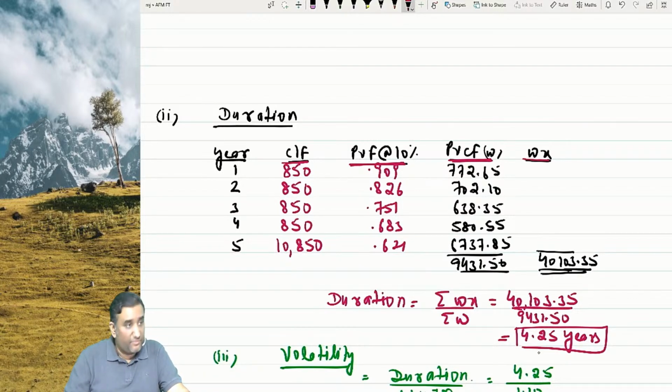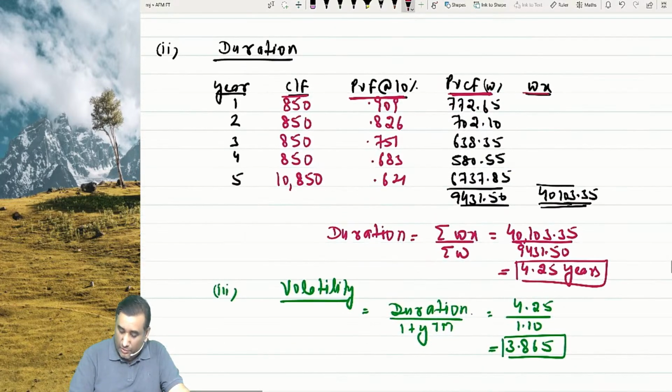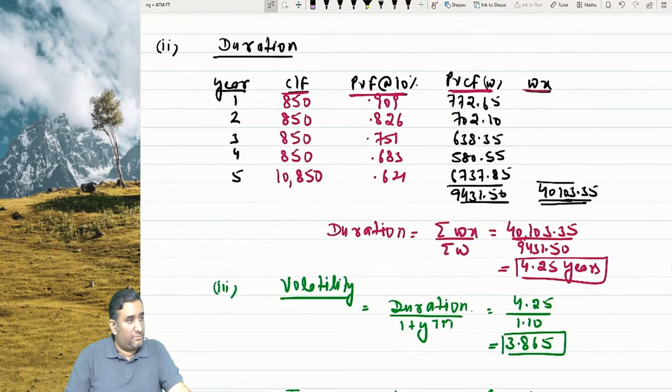Then my duration is 4.25. Fine. Third, volatility also calculate. 3.865.